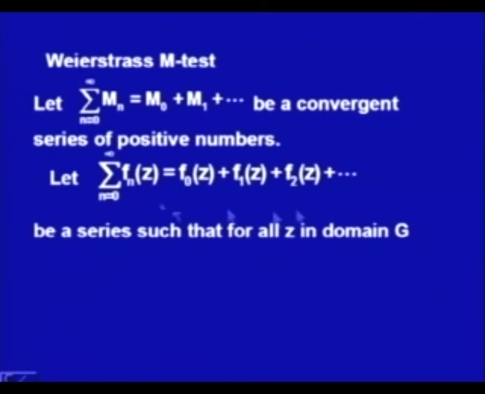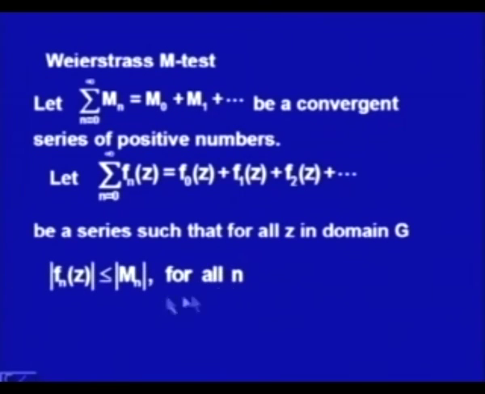Now, we say that this is a series such that for all z in a domain G, the modulus of f_n(z) is less than or equal to M_n for all n. The idea is term by term: f_0(z) is smaller than M_0, f_1(z) is smaller than M_1 and so on.